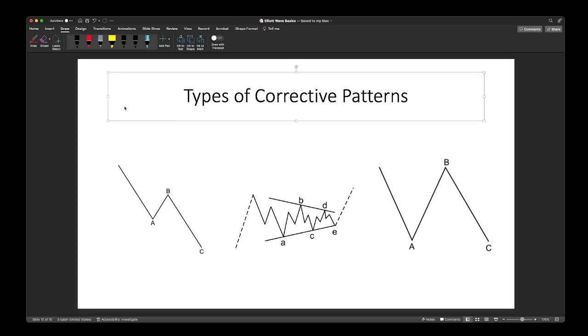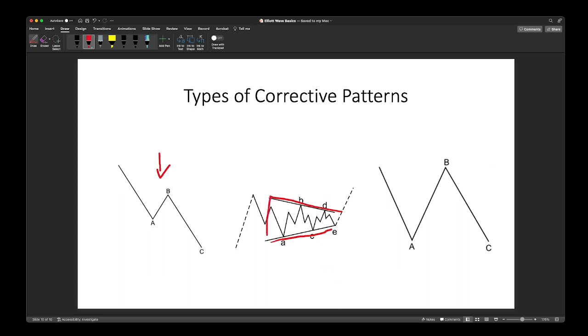So we have the most common one, which is our zigzag, A, B, C. And we have also the triangle, which is a 5-wave movement. 1, 2, 3, 4, 5. 5-wave movement, making a triangle.